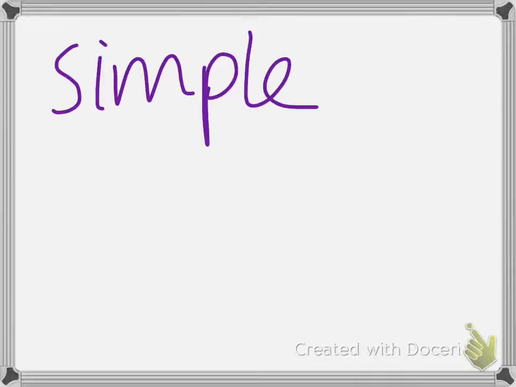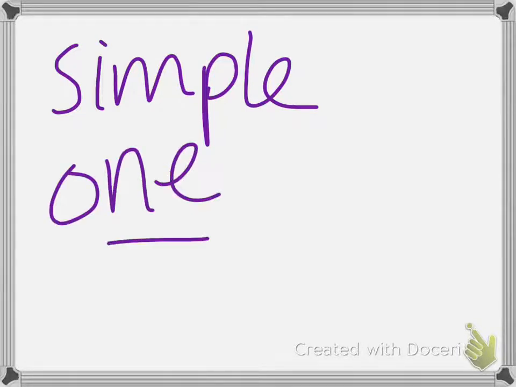The imparfait is a simple tense. So what that means is that it consists of one word, whereas the passé composé had two words because it was a complex tense. So the imparfait is formed with the imperfect stem plus the imperfect endings. So let's talk about how to form the imperfect.